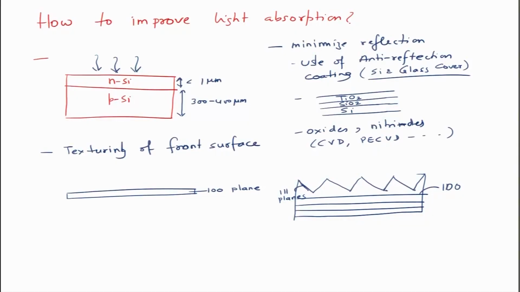So, these are all 111 planes which are at certain angles to 100, you can calculate it is about 54.7 degrees. So, these 111 planes improve the optical absorption.